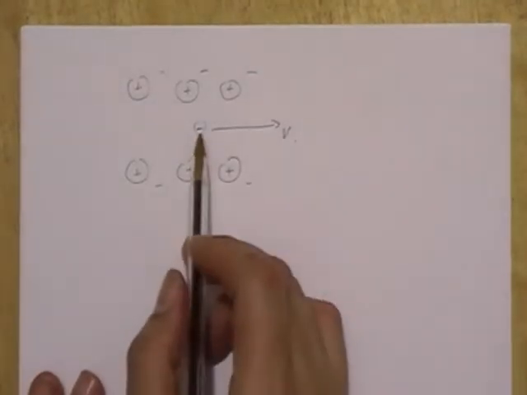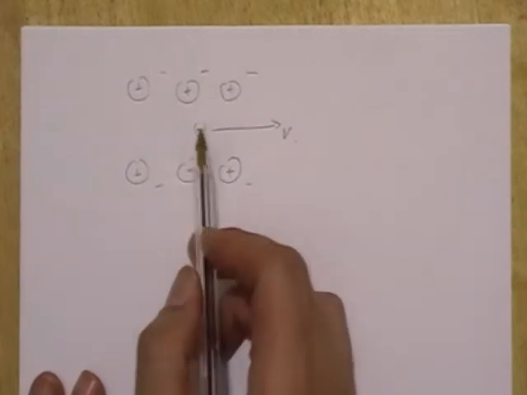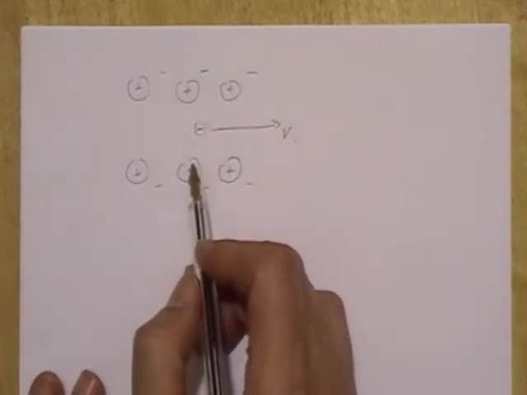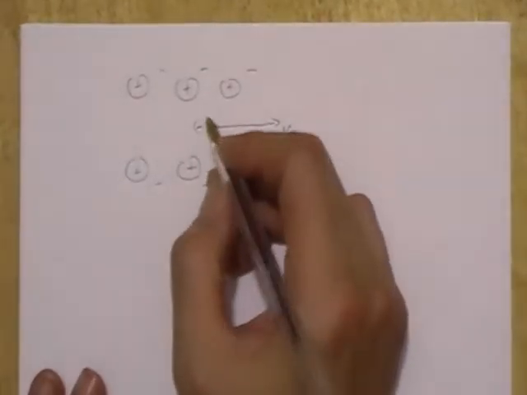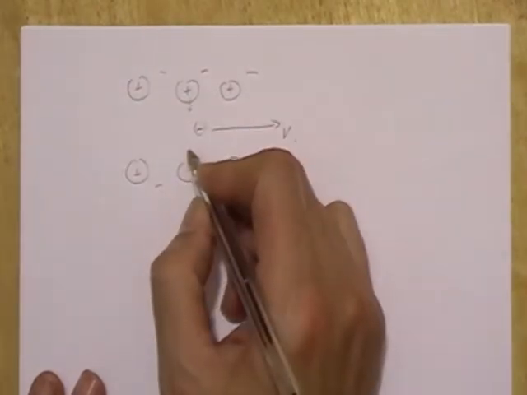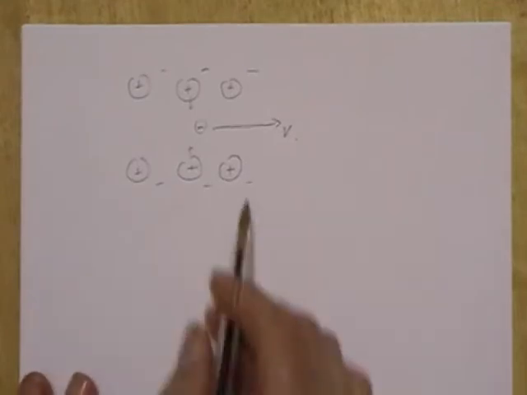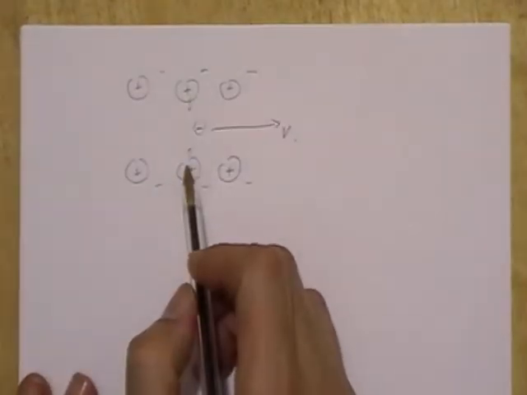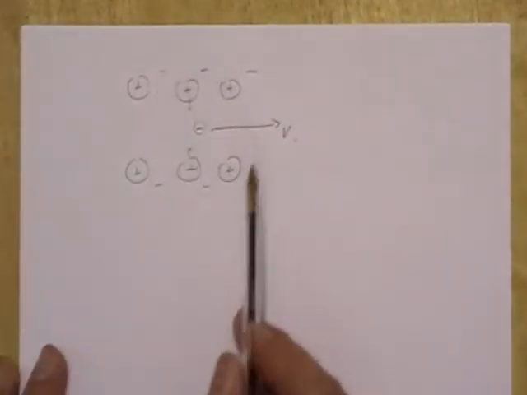Suppose that at this instant it is here. Then it would exert an attraction on the two nearest ions. So as a result, these two ions would move slightly.